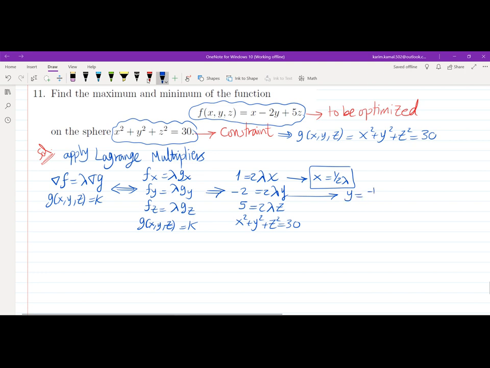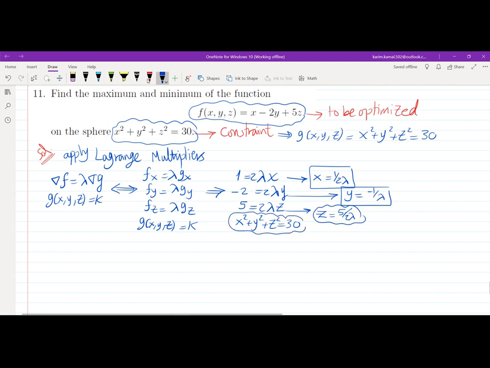And from this one, you can get that z equals 5 over 2 lambda. We can write it again: 5 over 2 lambda. And according to the constraint equation, we can call it equation number 4.